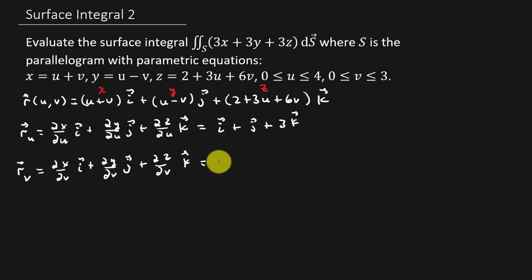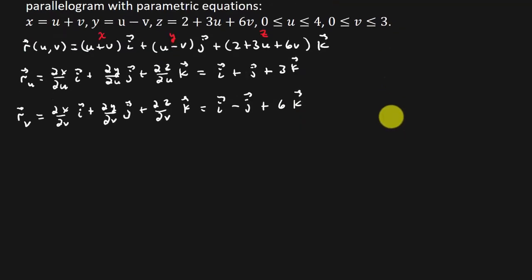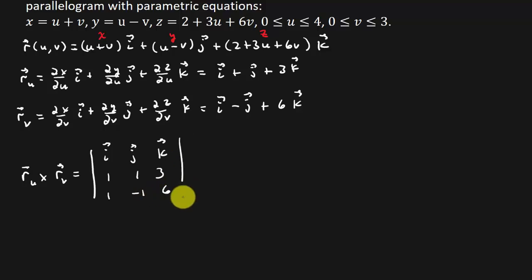So that's going to be 1i, then taking the partial of y with respect to v, that's minus j, and then the partial of z with respect to v is 6, so 6k. And then I'm going to need the cross product. So that's going to be i, j, k; 1, 1, 3; 1, negative 1, 6.